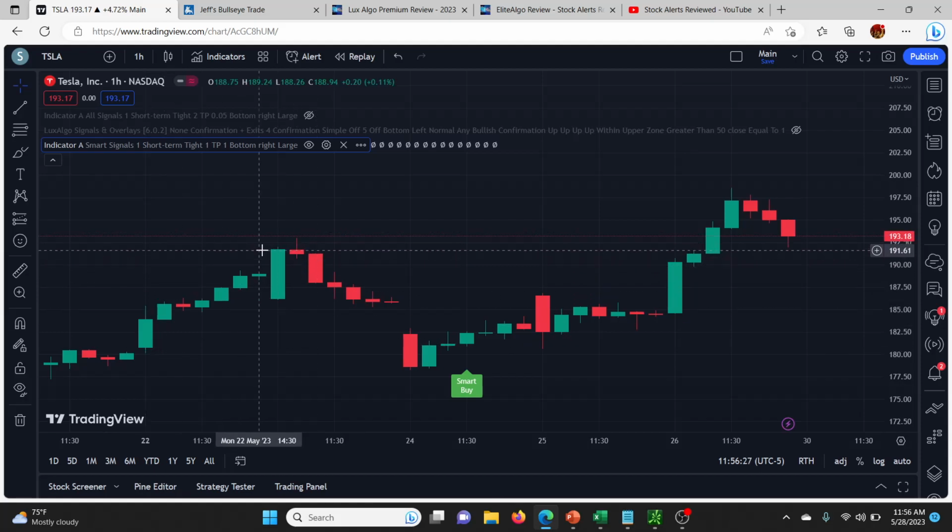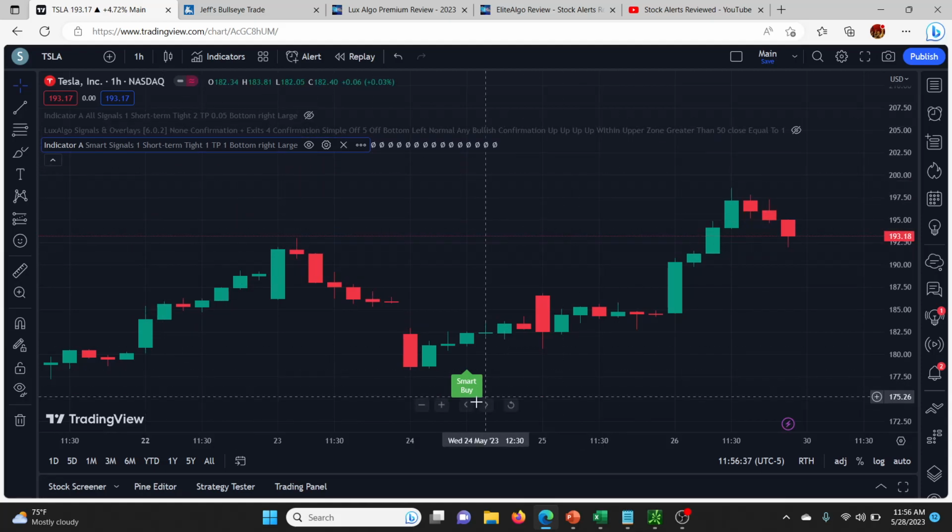It didn't give a sell signal here in order to keep you out of this sell-off, and it didn't give a take profit over here. So in this particular case, at least on these settings as well, we did get a key part of the game here, but we didn't get the whole thing like we did with Lux.